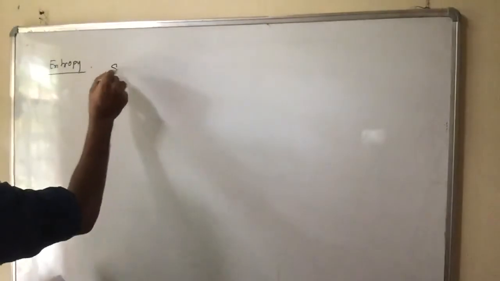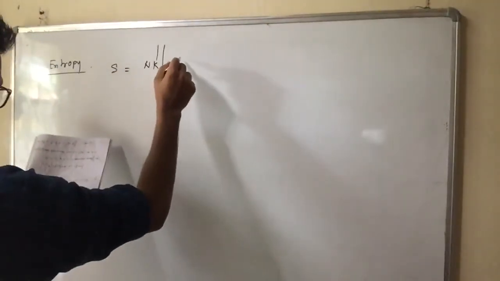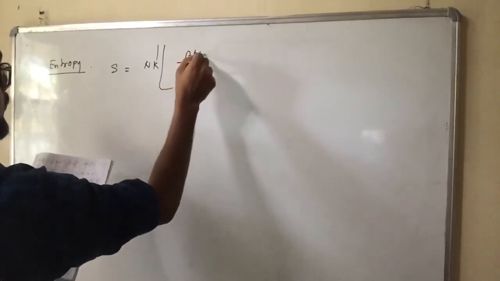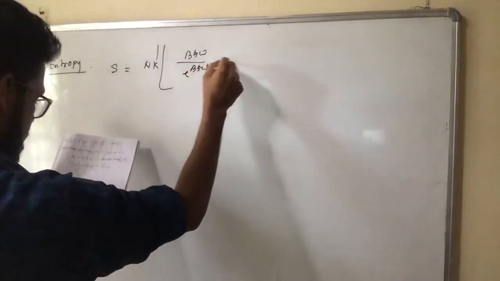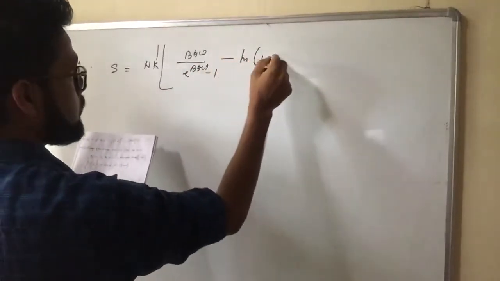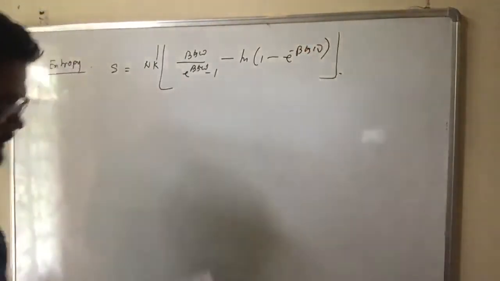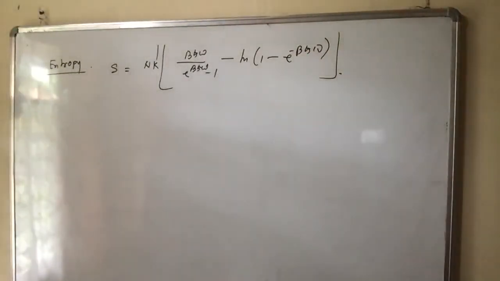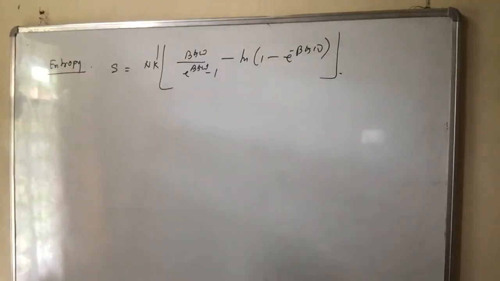Finally you will get entropy equal to Nk times beta h cos omega over e to the power beta h cos omega minus 1, minus ln of 1 minus e to the power minus beta h cos omega. This is the value you will get.